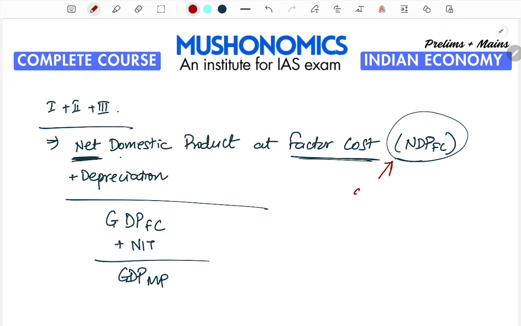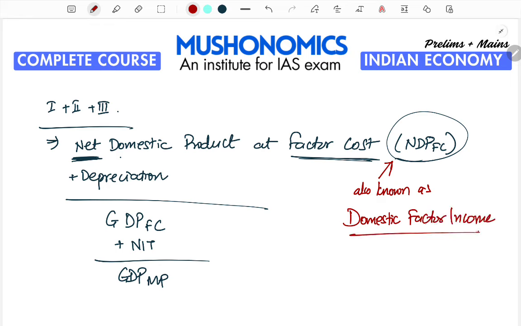This NDP at factor cost is also referred to as domestic factor income, right? Okay, this is one method, the income method, by which we can calculate GDP.